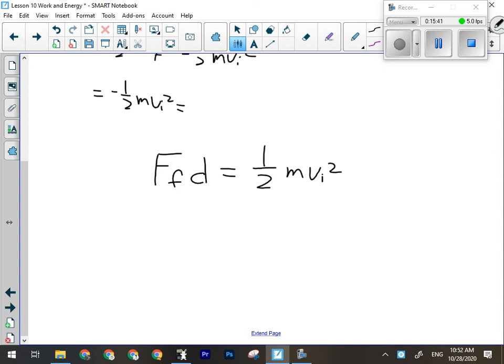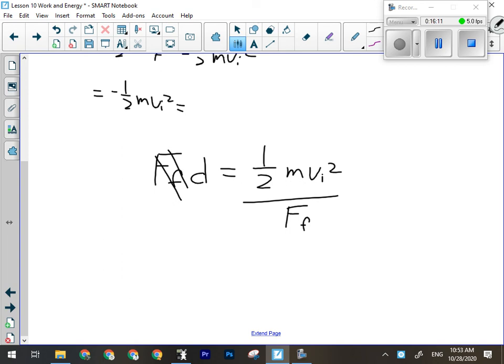Okay. So vi is squared here. Agreed? So if I want to figure out how far it's going to take me to stop, I'm looking for d. Yes? So what would I do with Ff if I want to get d by itself? Just divide over to the other side. I only have one thing in this formula that's squared, and it's v.